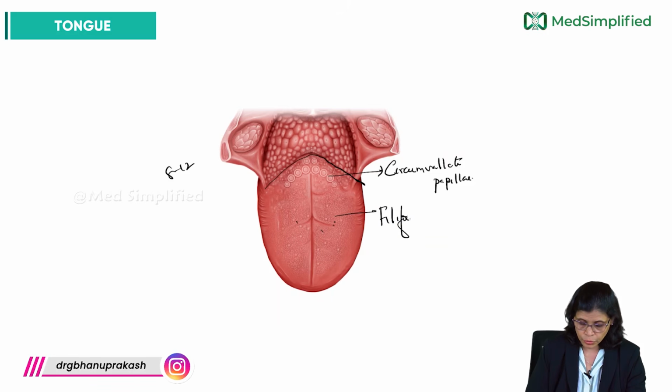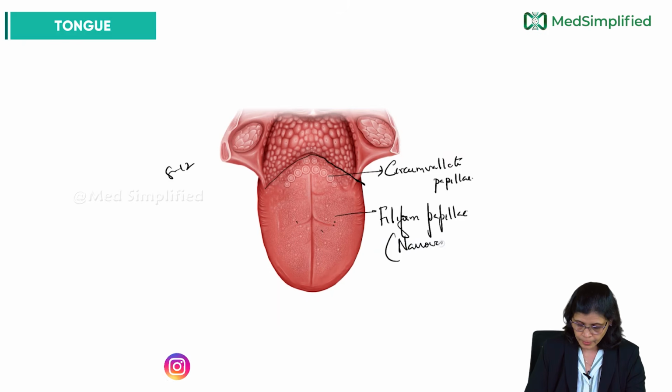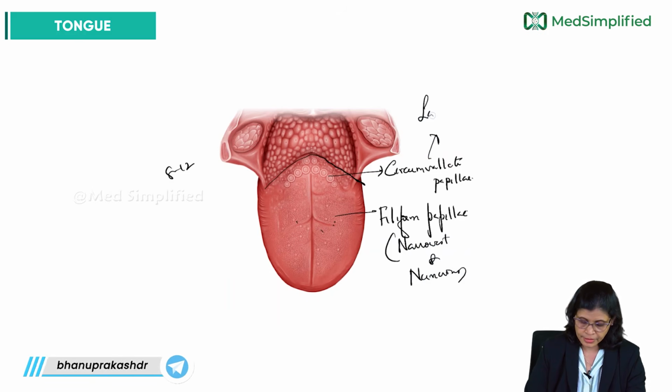So they are the most numerous papillae, narrowest and numerous, whereas circumvallate is the largest papillae.